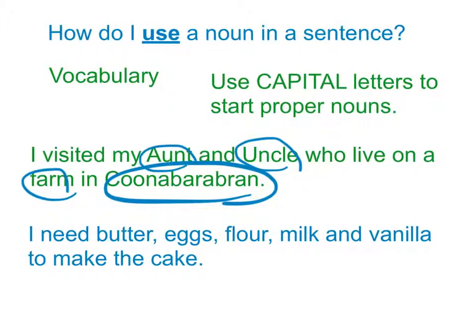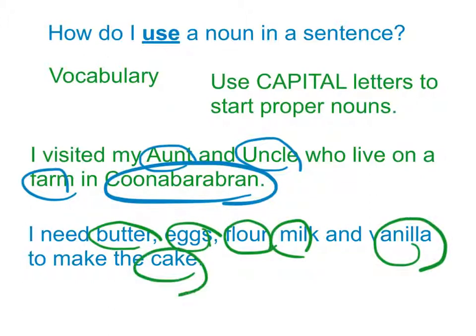Or maybe you need to write a list about the things that you need. Do you need butter and eggs and flour and milk and vanilla to make the cake? Feel free to use nouns, interesting nouns, and put capital letters on them if they are proper.